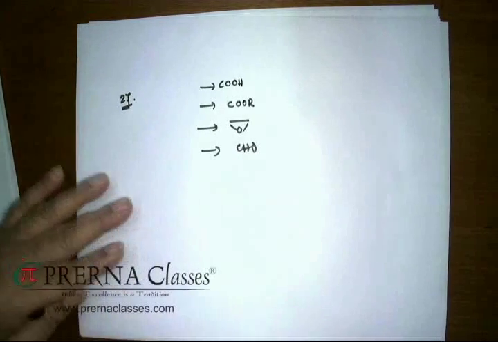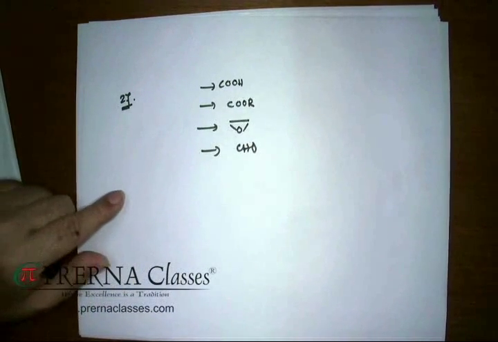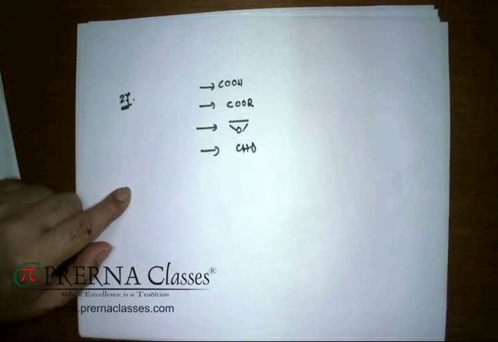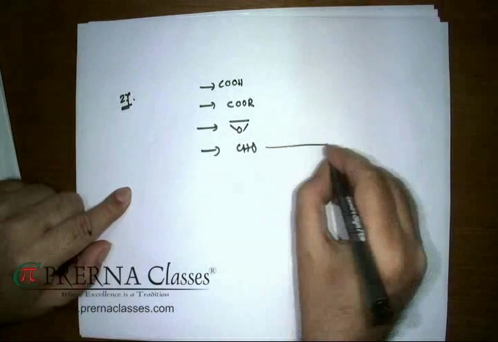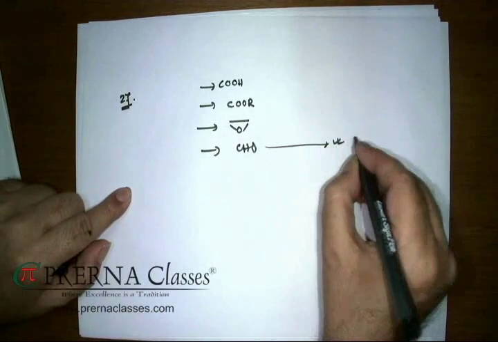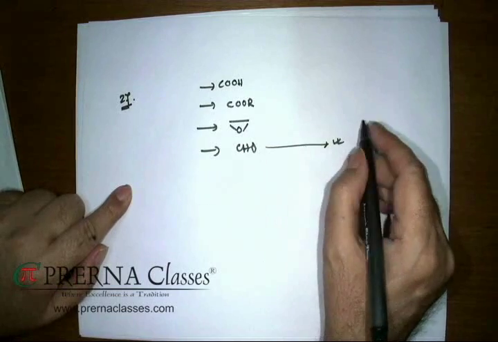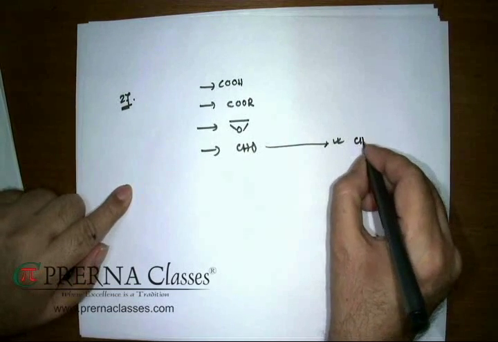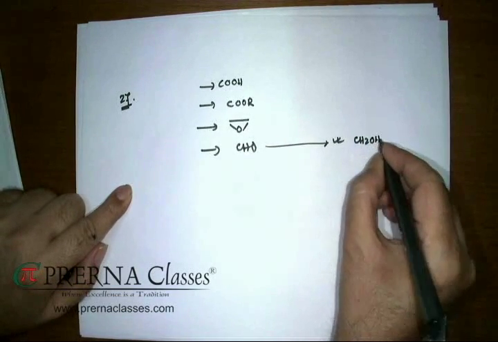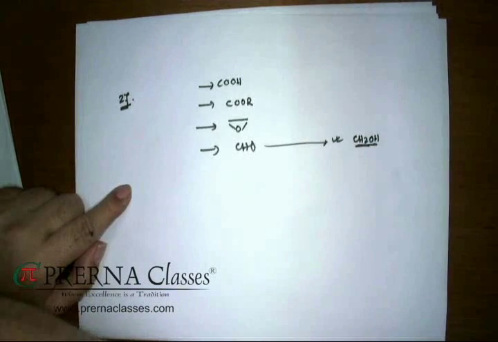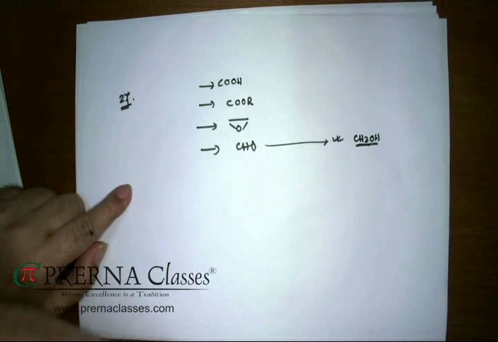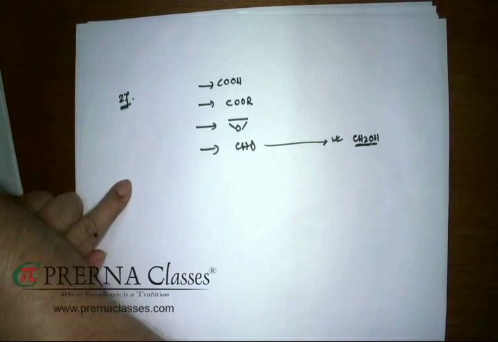All these groups are present, in which you want to reduce only this aldehyde to CH2OH. So you have to select a reducing agent which will only reduce your aldehyde.